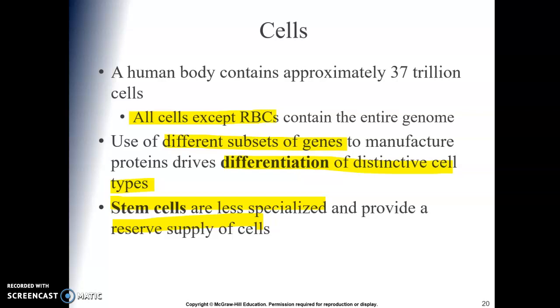Differentiation is the process where different lines of cells arise from a certain origin. What's really interesting about that is if you think about it, all of the genes for everything are in that original cell that started your life, known as a zygote.